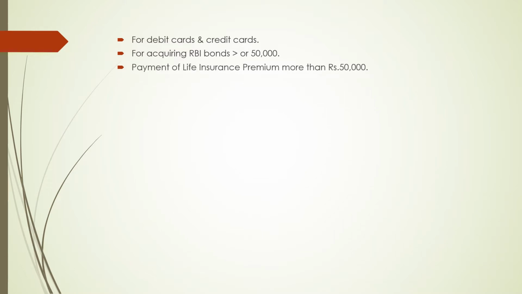One more thing, for debit cards and credit cards also PAN is necessary. Then for acquiring RBI bonds greater than or equal to 50,000. For purchasing RBI bonds exceeding rupees 50,000, PAN is necessary. Then payment of life insurance premium of more than 50,000. If an insurance holder pays a premium of more than rupees 50,000, then quoting of PAN is mandatory here also.